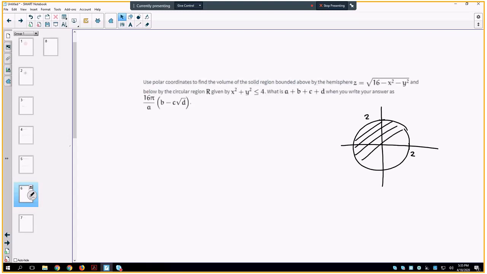Because it says less than or equal to 4, this is our region of integration, and over that we have the function square root of 16 minus x squared minus y squared, which just gives us the upper half of a sphere sitting in the xy plane.